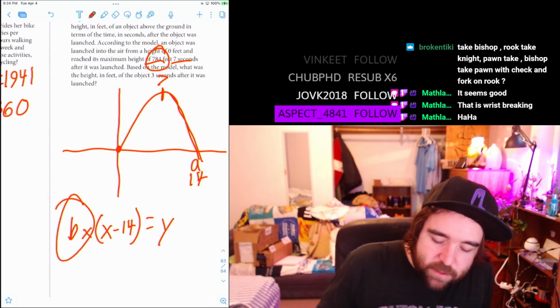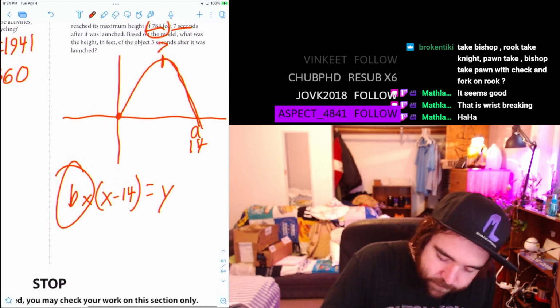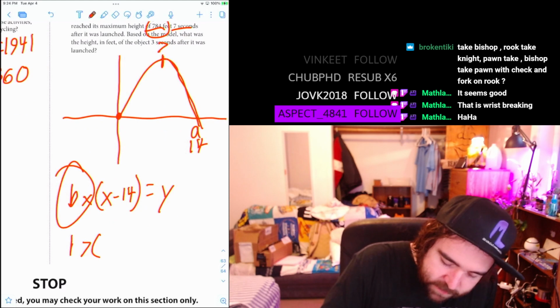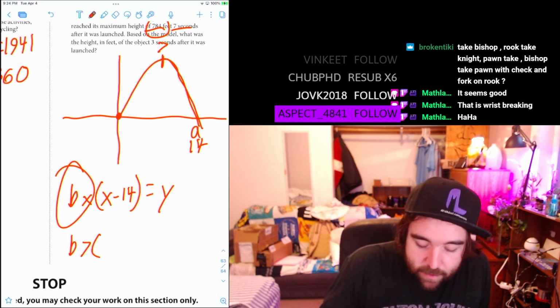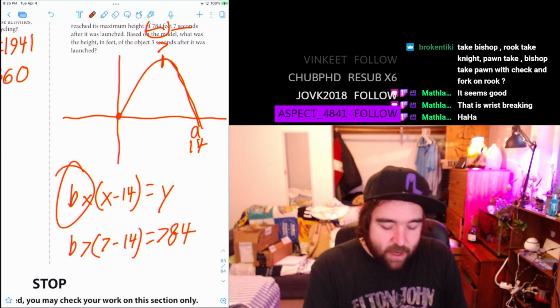At x equals 7, some number times 7 times 7 minus 14 has to get us the 784.